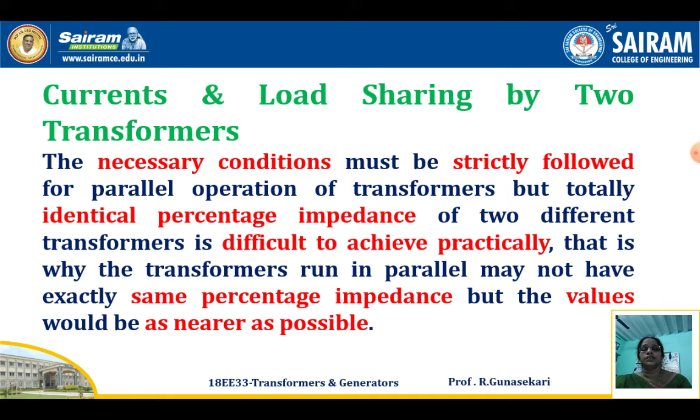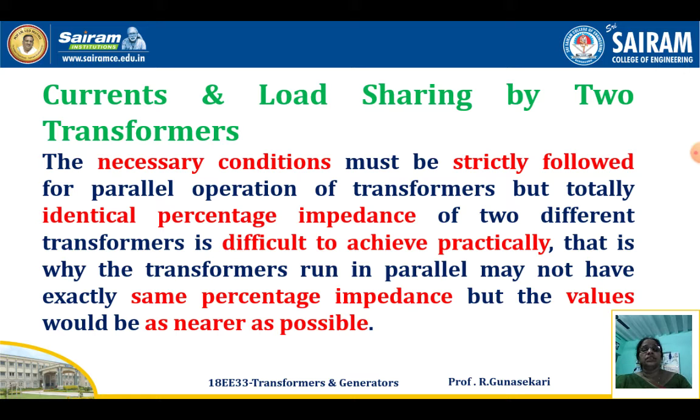The necessary conditions are to be strictly followed for parallel operation of two transformers, because of the percentage impedance of the two different transformers, meaning different ratings, that is, dissimilar transformers. For example, one transformer is 1 kVA, another transformer is 2 kVA.